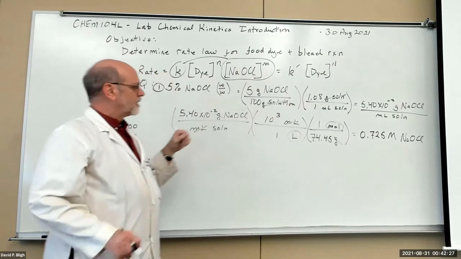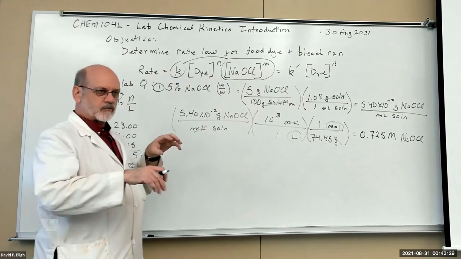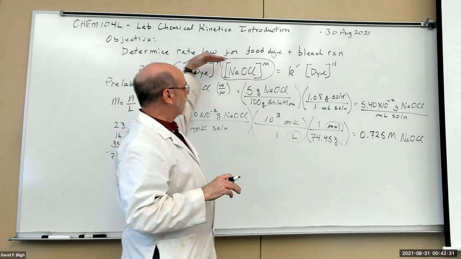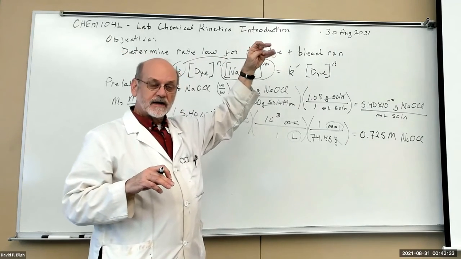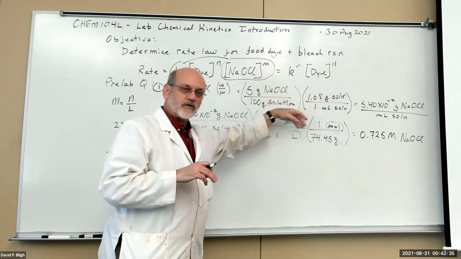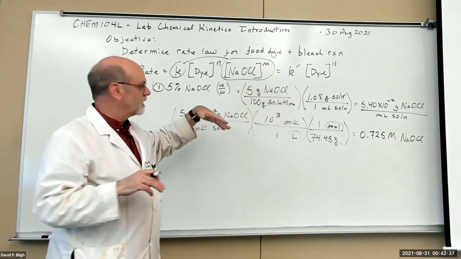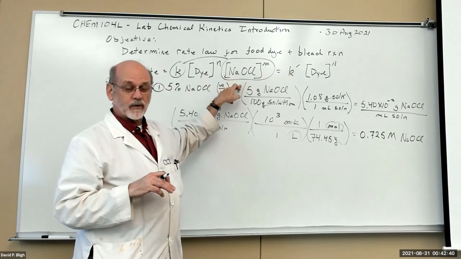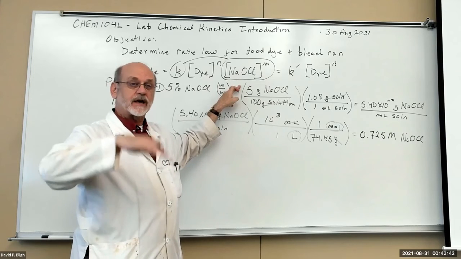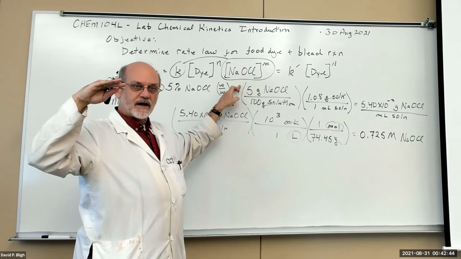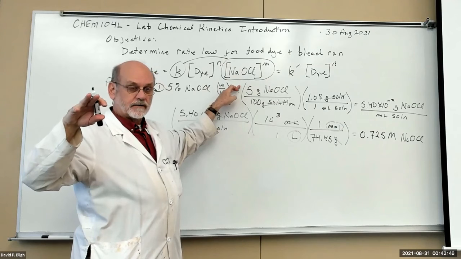Well, when you set up your experiment to run with 1 concentration of sodium hypochlorite, then you set it up to do it with another concentration, you add half as much sodium hypochlorite to the solution, but you make up the difference with something other than water.